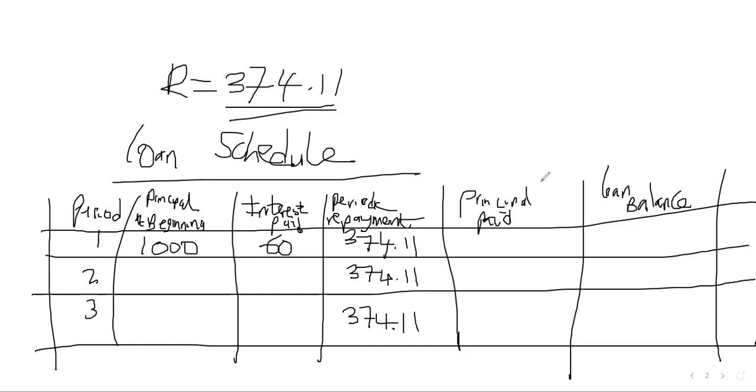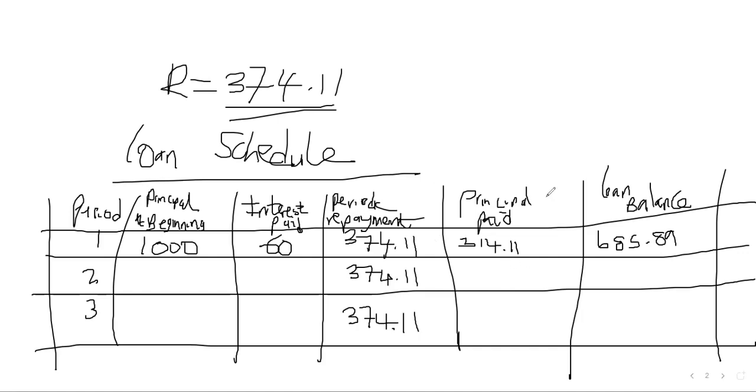So we paid the 314. The bank are claiming that that money is there. So the balance here is 1,000 minus that, which is 685.89. So this is about the loan balance.